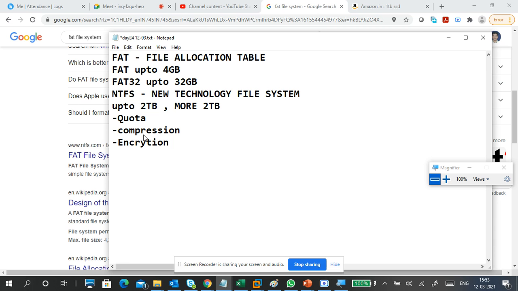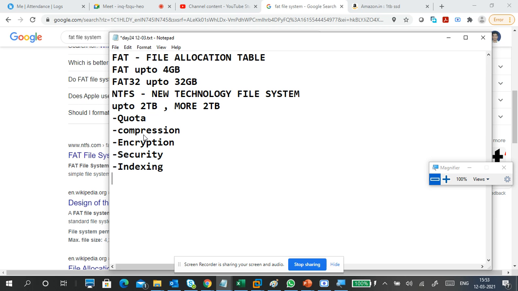You remember or forget? Security, security is a very important one. Indexing. These are the 5 qualities of NTFS.